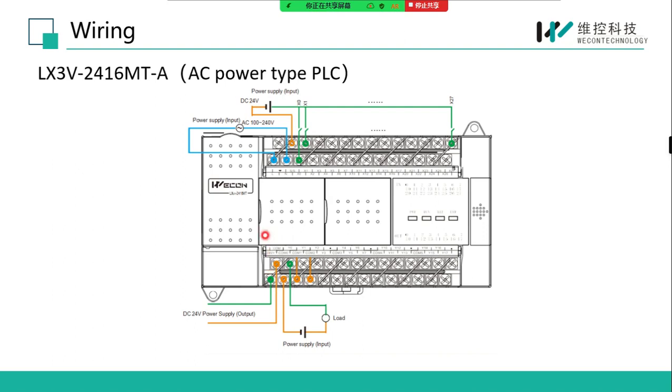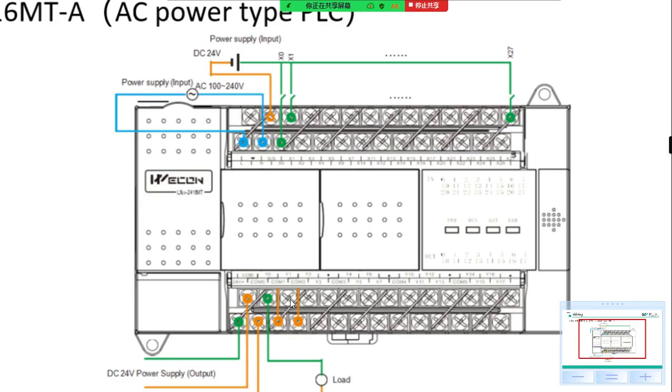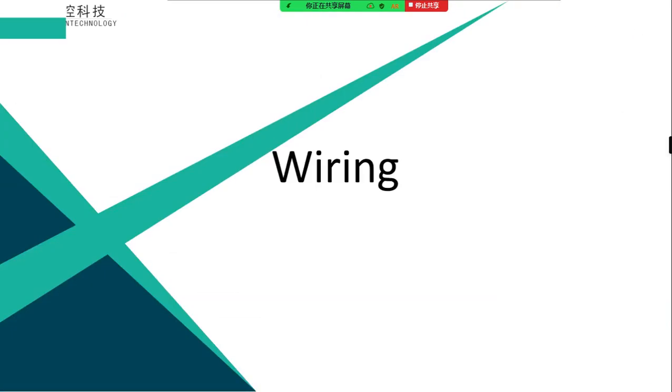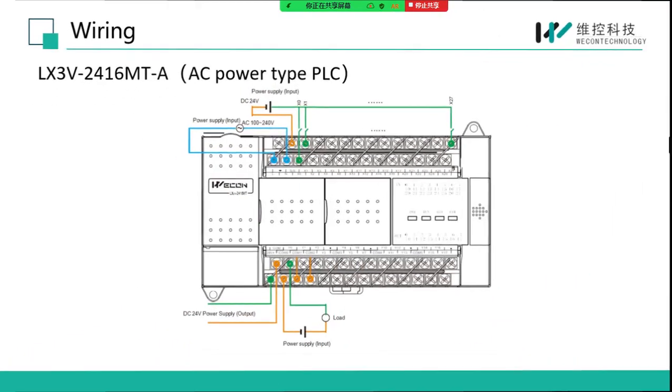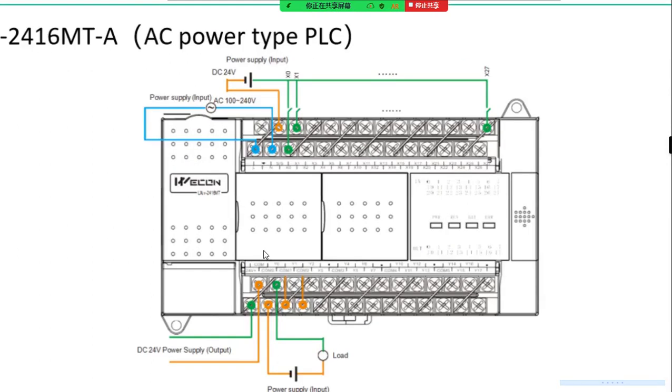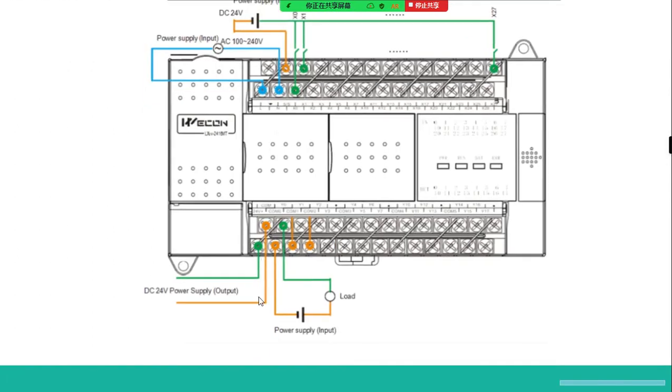The PLC can also output DC 24 volt. As we can see here, the DC power output. And our PLC for the moment only supports NPN connection output.